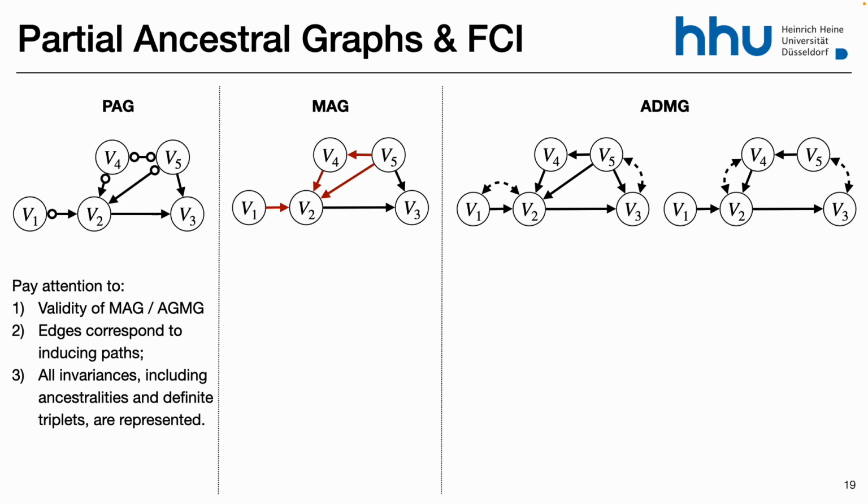In this case, I don't have an edge between V2 and V5, but that's fine because there is an inducing path from V5 to V2 through V4, right? So I have to create an inducing path for every edge in the MAG, and I have to respect the orientation. So V5 has to be pointing to V2 through a directed path. So V5 has to point to V4, and V4 has to point to V2.